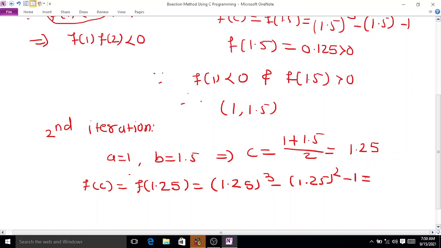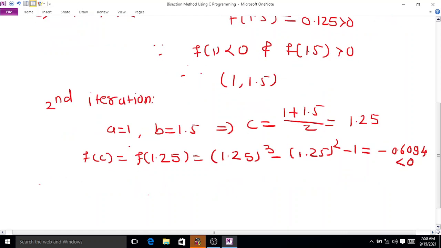If you solve this, then f(1.25) = −0.6094, which is less than 0.